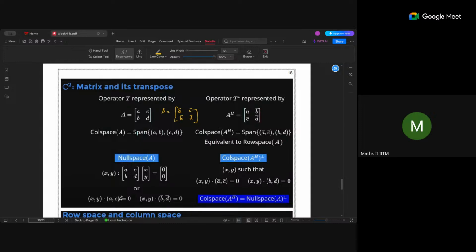But why are we taking bar here? For the null space of A, instead of just taking the matrix itself, I am taking the complex conjugate of the matrix and then I am performing it. Why is that so?